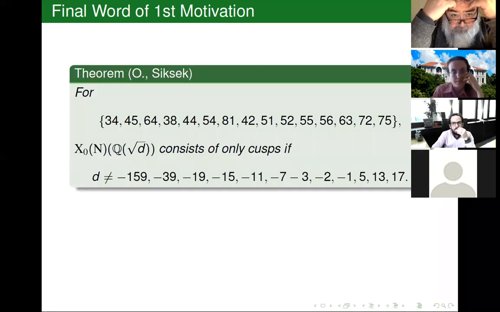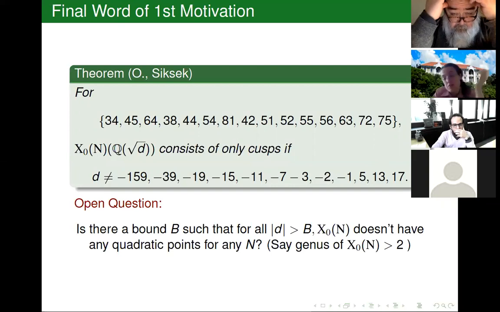Okay. So after all this, what is the result? For these values of n, we were able to show that there are no quadratic points if D is not one of these. So the only quadratic points that are defined are for these fields.